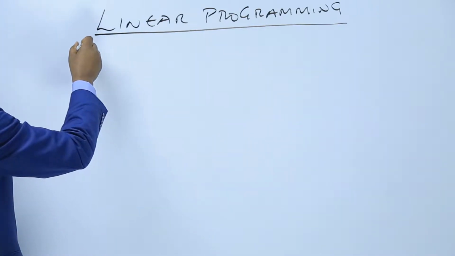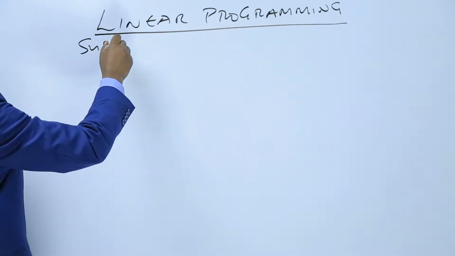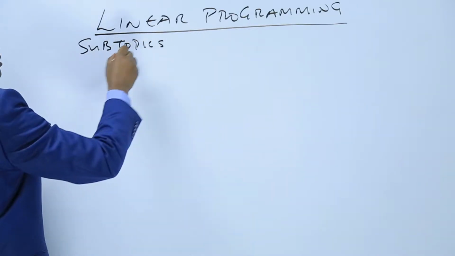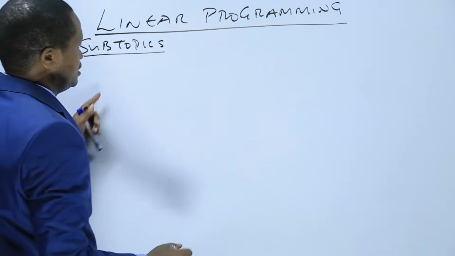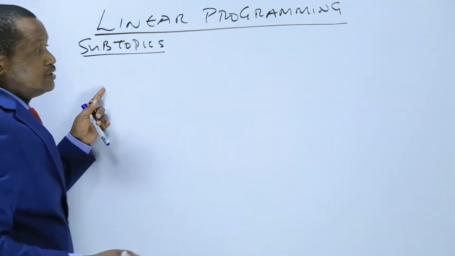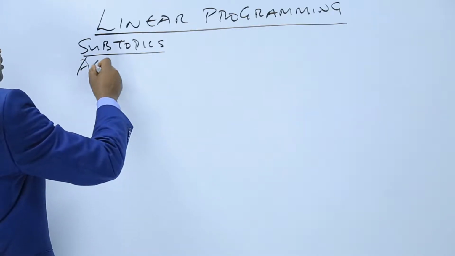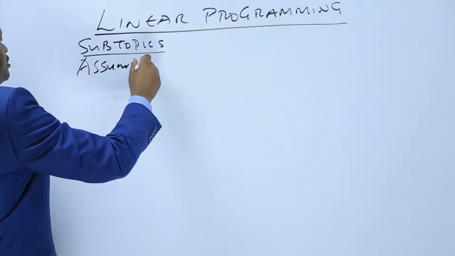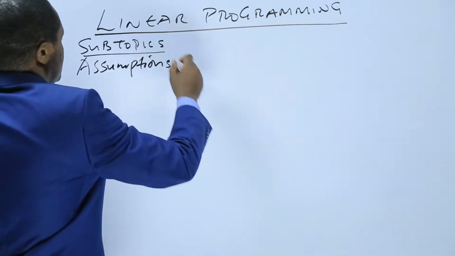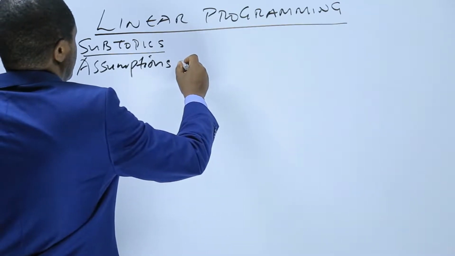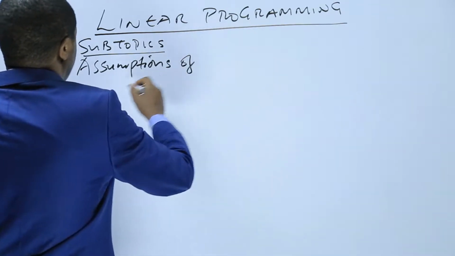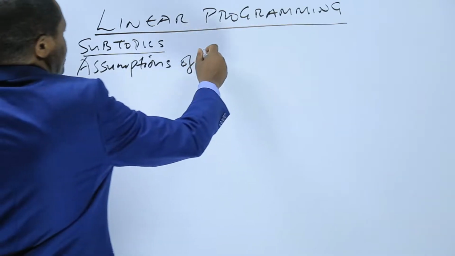On the first column, you'll have the subtopics. The first subtopic here is assumptions of linear programming.